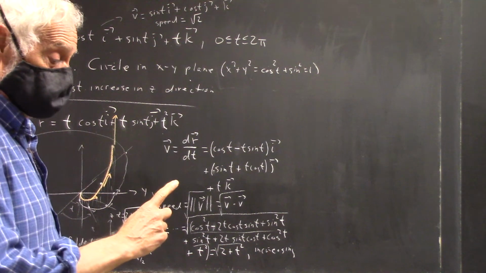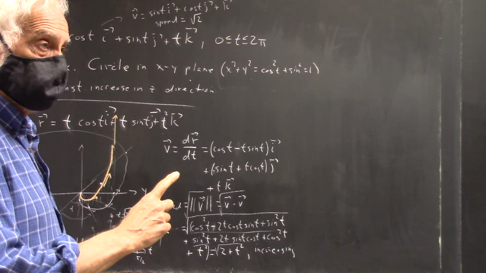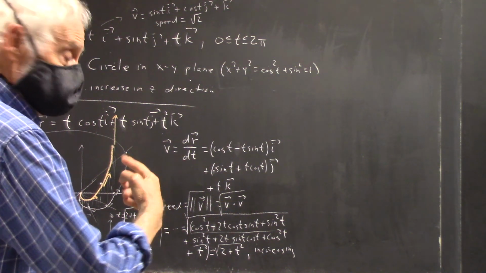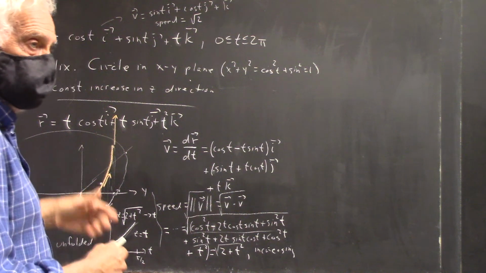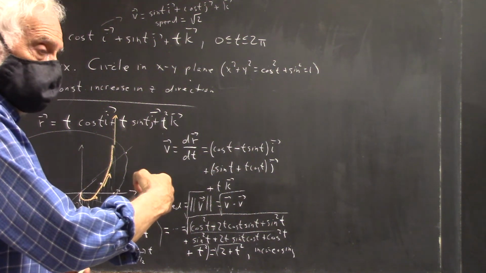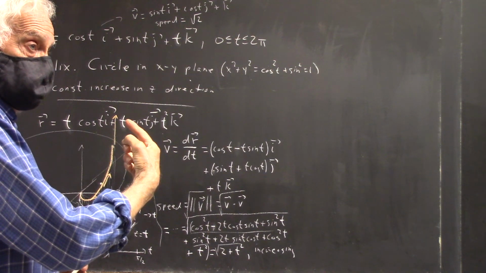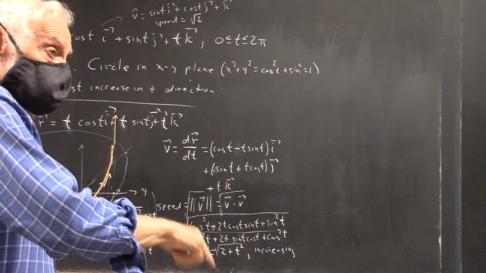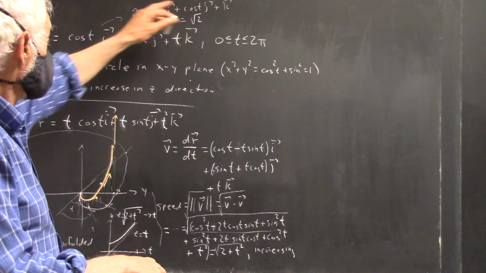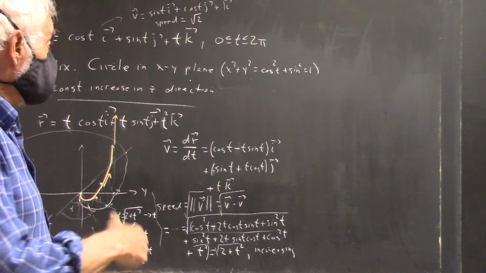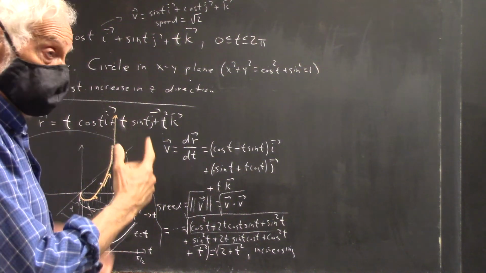Then your vector is always at 45 degrees to the xy plane and directed tangent to the circle. The xy components are tangent to the circle, the z component's always 1. So it's always the same speed around the circle, speed of 1, sine squared plus cosine squared, okay? And speed of 1 in the z direction.